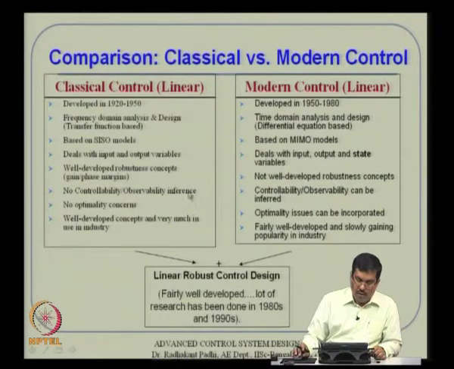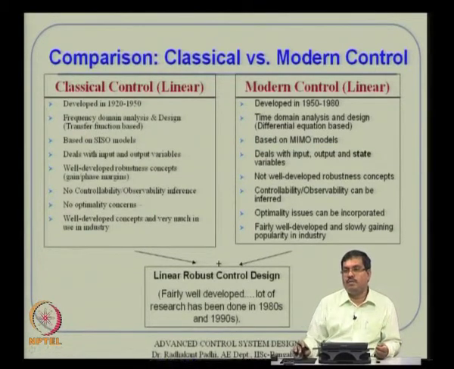Then another drawback of classical control is essentially that there is no controllability, observability inference directly from the system model. Okay. Because it remains silent about the state model, it does not say anything about state variables. So, that information remains hidden there actually.